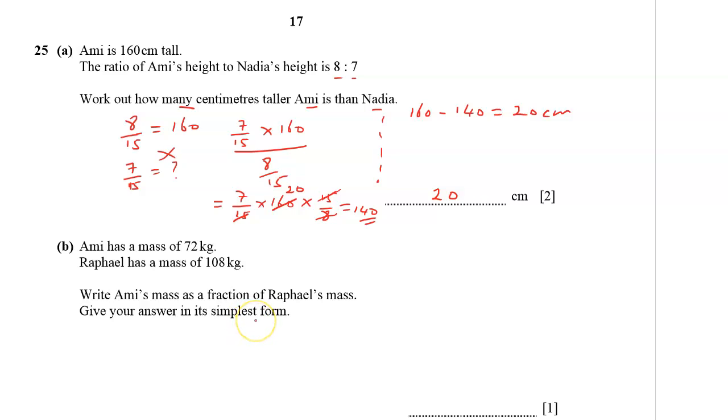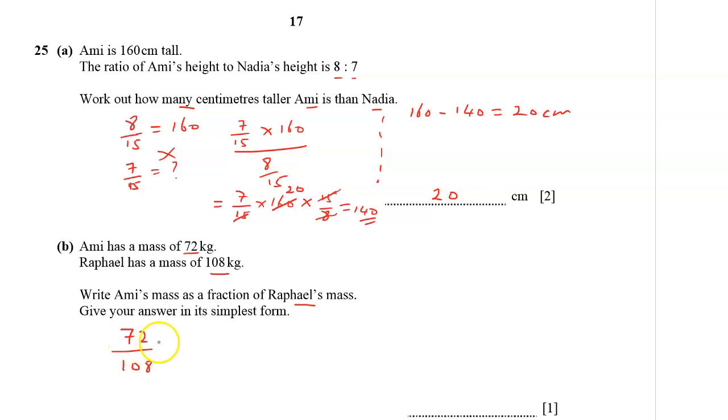Part B. Ami has a mass of 72 kilograms. Raphael has a mass of 108 kilograms. Write Ami's mass as a fraction of Raphael's mass. Give your answer in its simplest form. Of course, Ami's is 72, Raphael is 108. That's a fraction of Ami's mass of Raphael's mass. Of course, you can do divisions here.